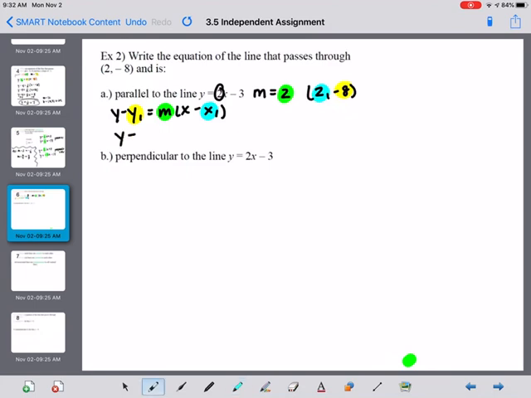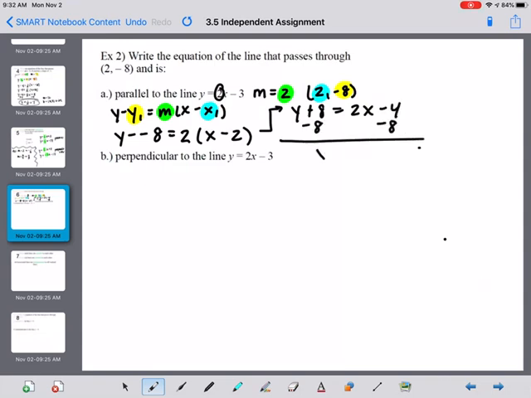So we're going to have y minus -8 equals 2 times x minus 2. So we're going to bring this up here, y plus 8, and I'm going to distribute, 2x minus 4, subtracting 8 from both sides. Y equals 2x minus 12 would be the equation of my line, which is parallel.